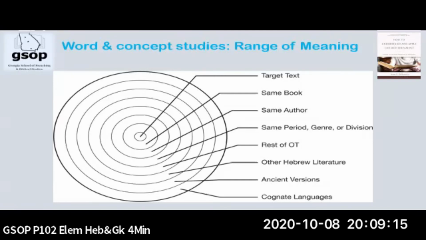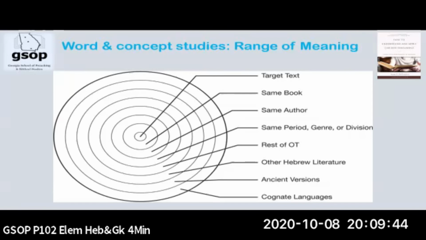Anyway, here's a picture of what you want to look at. It's not just the target text. It's the same book, the same author, and the same period, which is important. For example, it's anachronistic if you look at something done in classical Greek when you're looking at something written in the New Testament period. To say, well, in classical Greek, here's how it applies. Well, okay, that's true in classical Greek, but does that mean that's how it applies in the New Testament?